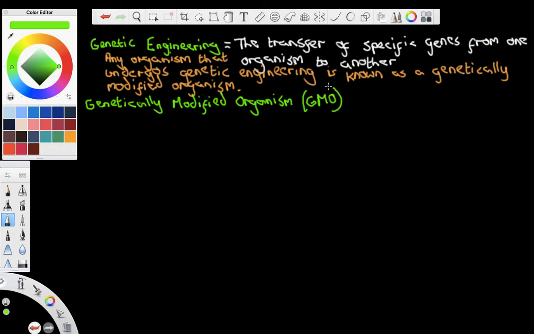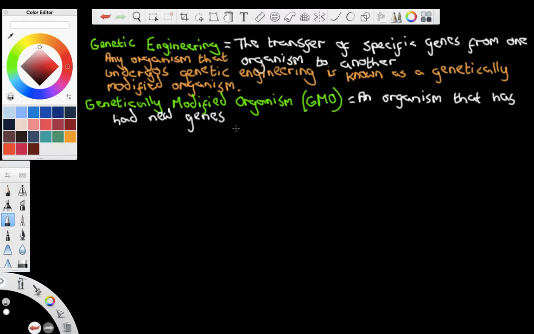A genetically modified organism is an organism that has had new genes transferred into it by genetic engineering.